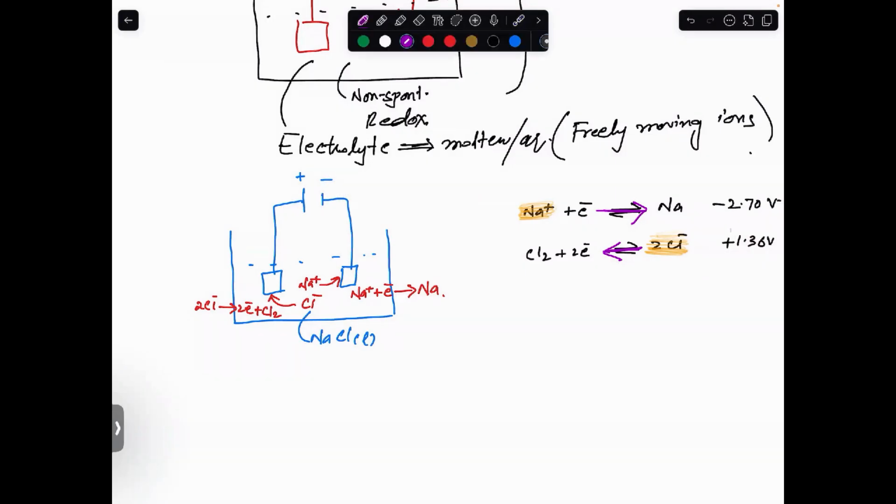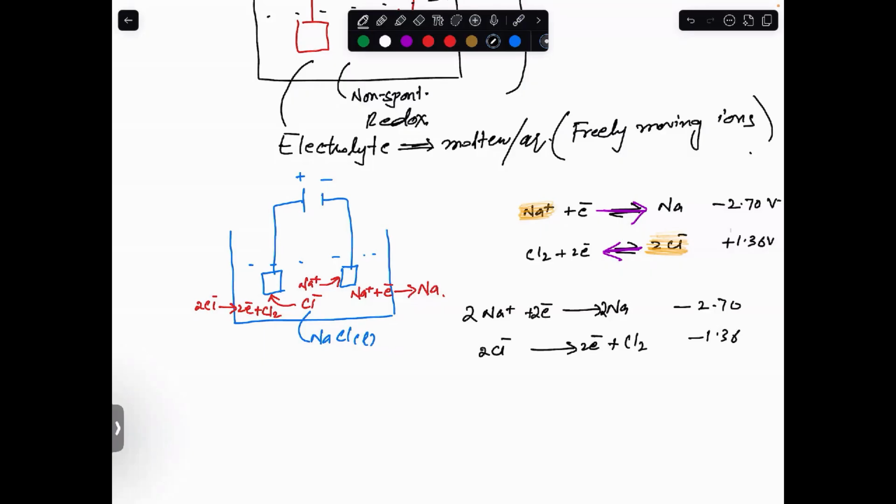So, if I calculate how much potential difference should be applied, it's kind of an endo situation. The Na plus gains electron making Na, minus 2.07, and the chloride loses electron making chlorine, minus 1.36.